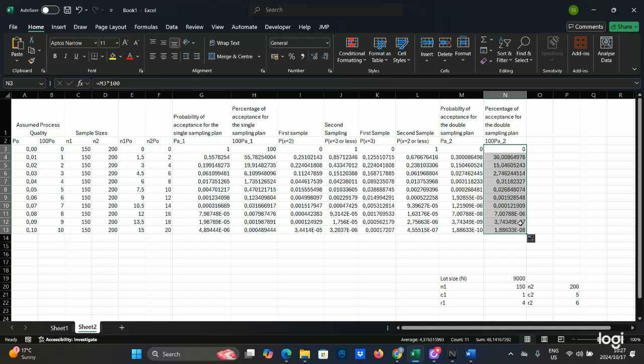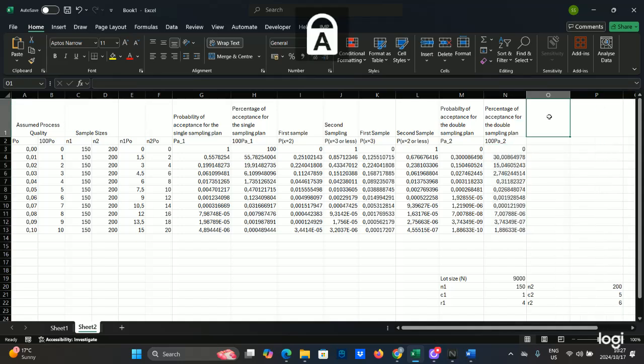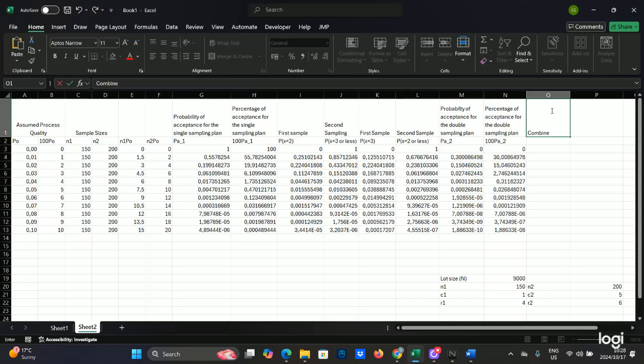And then after you are done with that, you have to calculate your combined probability of acceptance, right? So now calculate your probability of acceptance factoring in both the sampling plans, and you also calculate the percentage. This combined probability of acceptance factors in both the sampling plans, right?